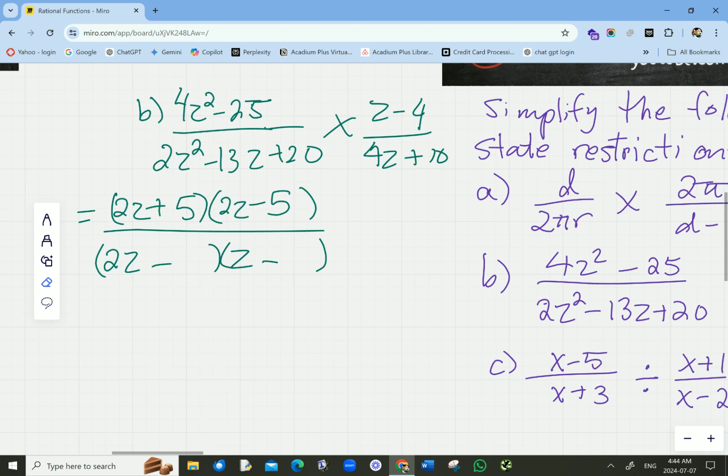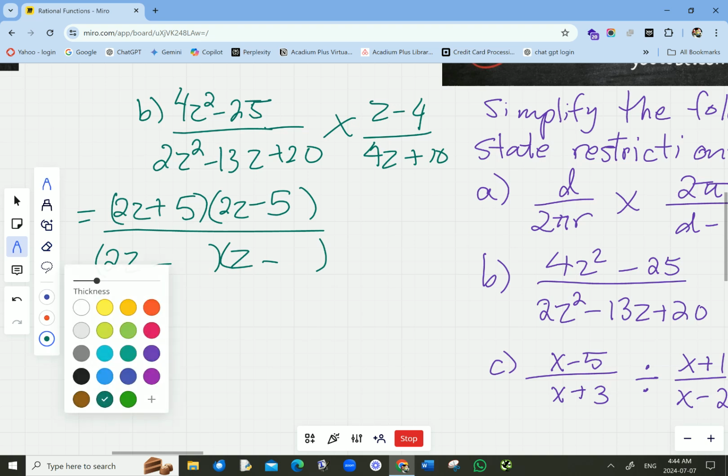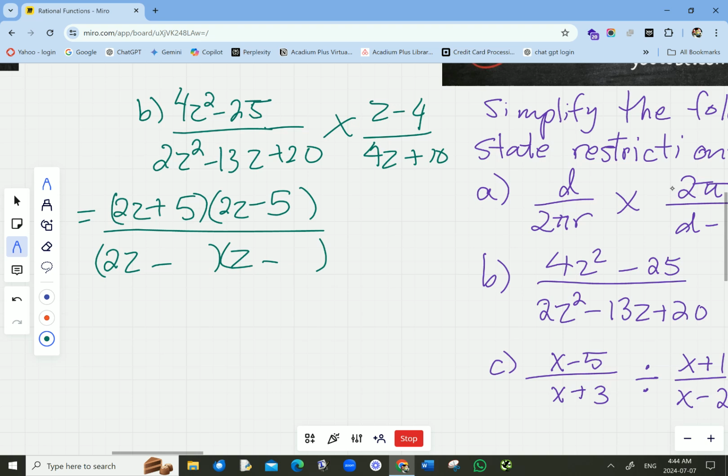I'm wondering if that even factors now. Let's have a look. 10 and 2. So we're kind of stuck with the same situation, aren't we? That's not good. And 20 and 1. All right, so I'm confused now.